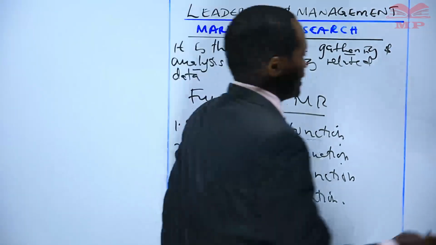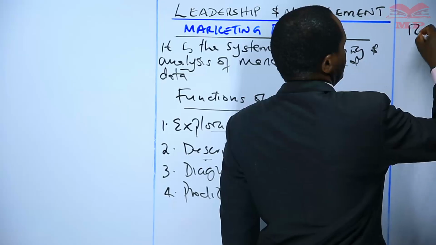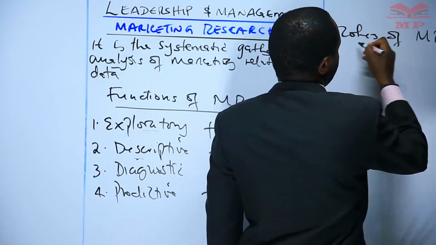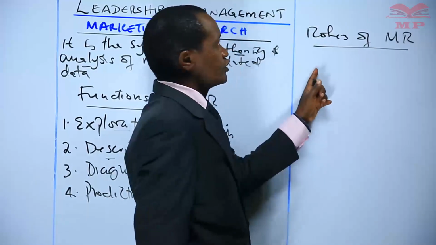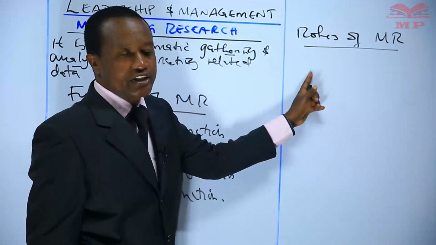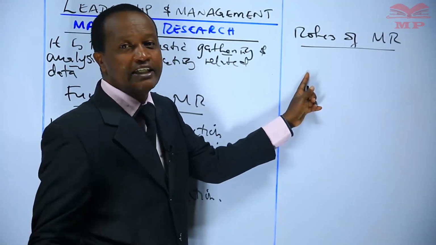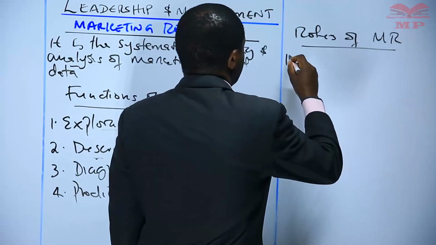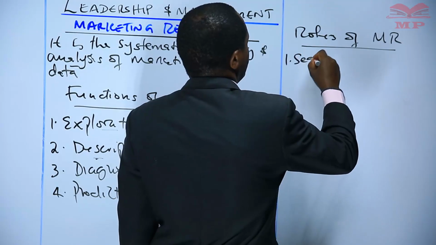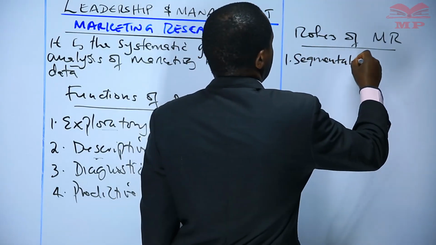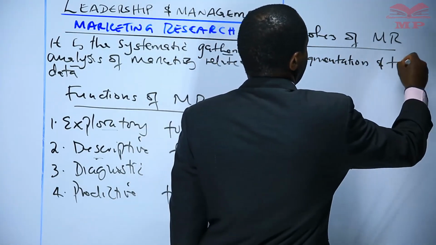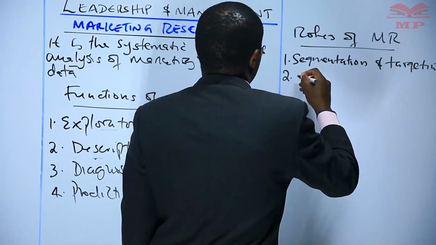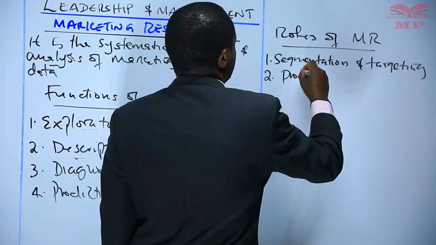Roles of marketing research. I will discuss 6 roles of marketing research. The first one is segmentation and targeting. Number 2, product development.